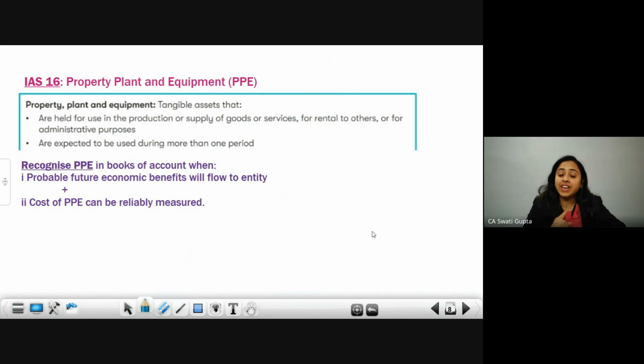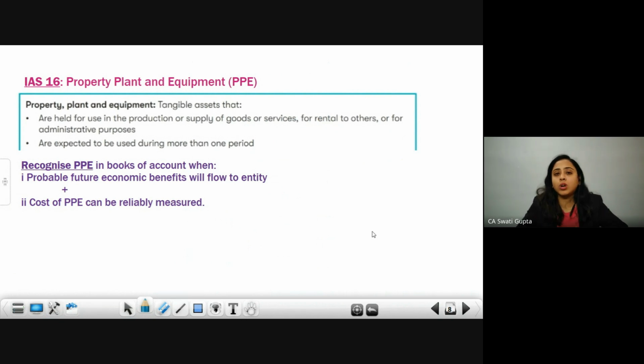Whereas if we talk about a fixed asset, definitely it will be used for more than one period. Got it? Long-term assets, fixed assets, if it has an intention of just collecting rentals or capital appreciation.